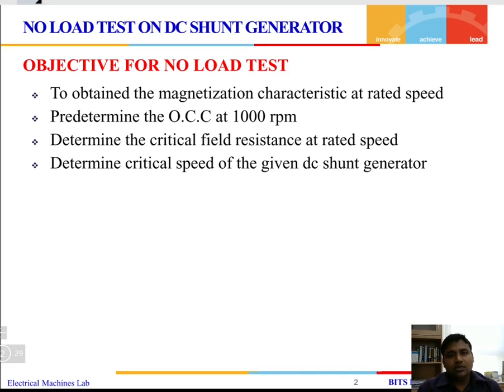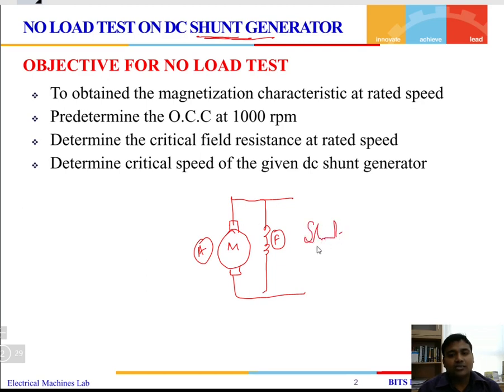Now since the experiment has to be done on a shunt generator, the meaning is that if you have the machine, this is the armature, then the field winding will be in parallel with the armature. So if the field winding is in parallel with the armature, so this is your armature and this is your field, then it is known as the shunt machine.